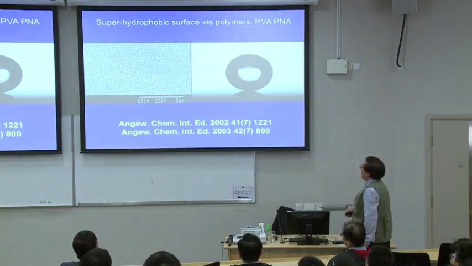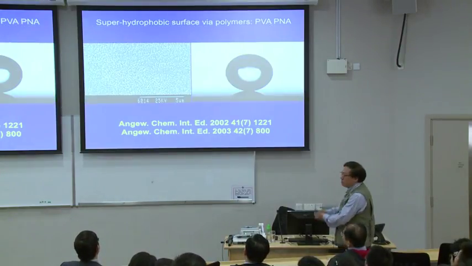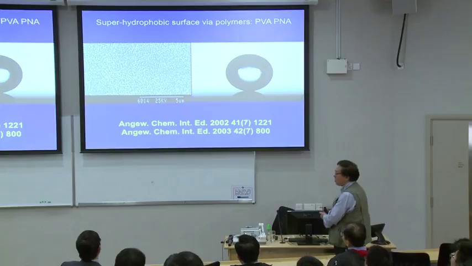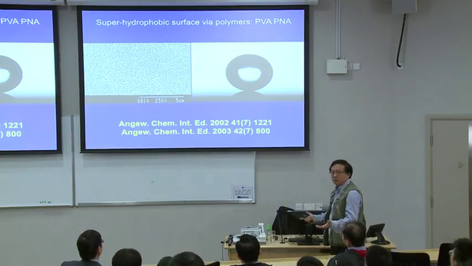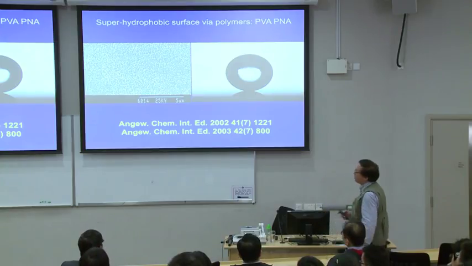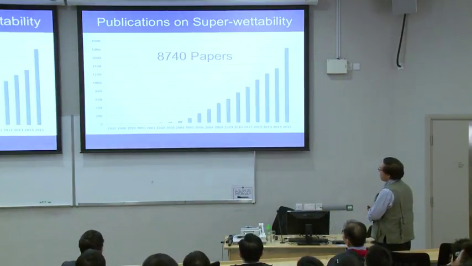And after this, we understood that we could use hydrophobic polymer, amphiphilic polymer, to make these nanostructures superhydrophobic, with very cheap materials. Many polymer scientists joined this field. You will see this field grew very fast.